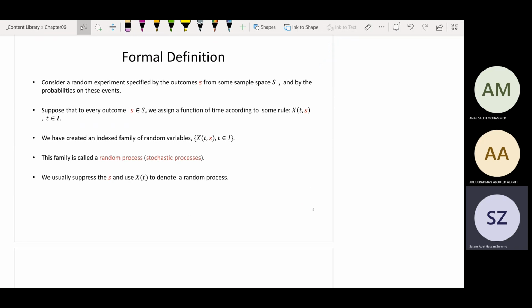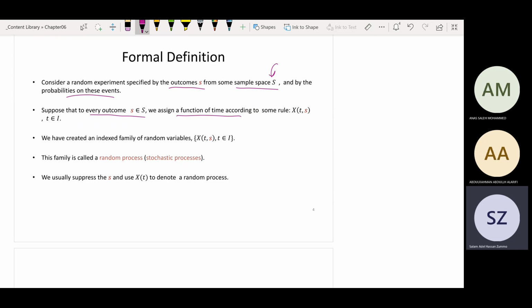So, consider a random experiment described by an outcome S over some sample space, and by the probabilities of these events. Suppose that for every outcome S belonging to capital S, the sample space, we assign a function of time. In a random variable, for every S we assign a number; we map every S into a number on the real line.